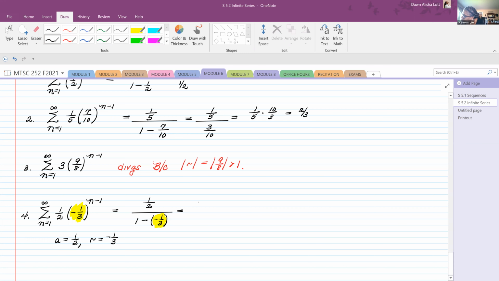So this is 1/2 over 1 minus 1/3 is 2/3. No, 1 plus, minus negative, that's 4/3. So I get 1/2 times 3/4. So this converges to 3/8.